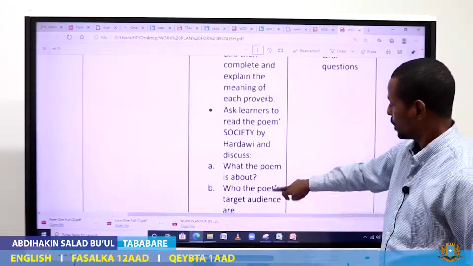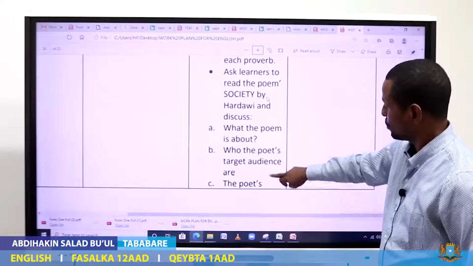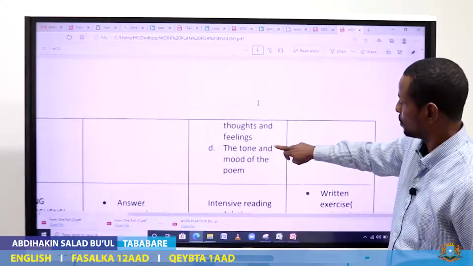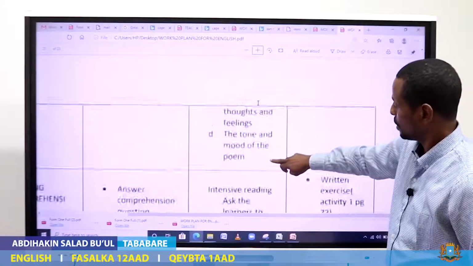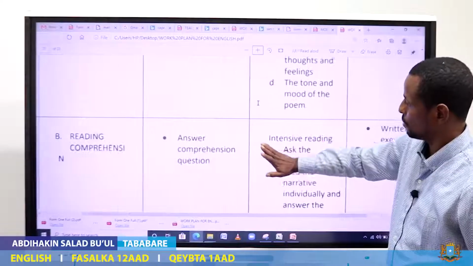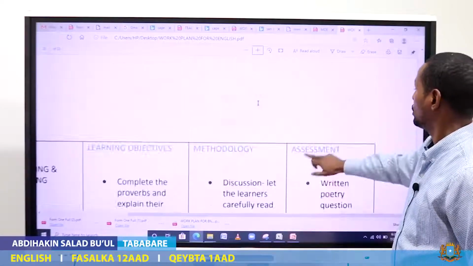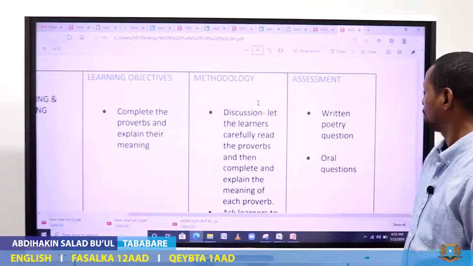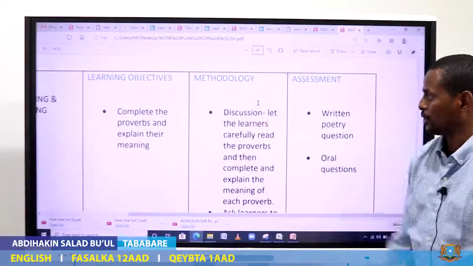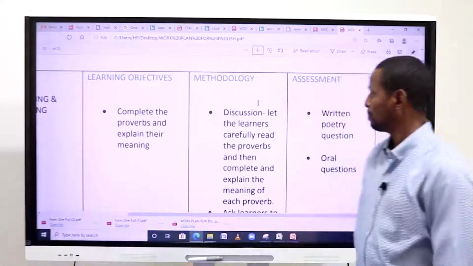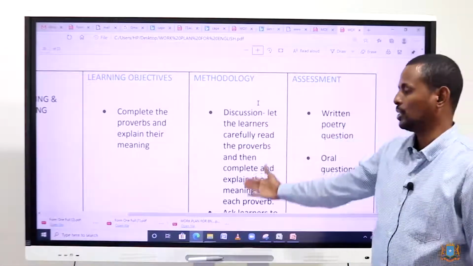Take it, audience. See the poet's thoughts and feelings. Now, for you to know if the student has understood this, since we have discussed the objective here, how are we going to achieve the objectives?